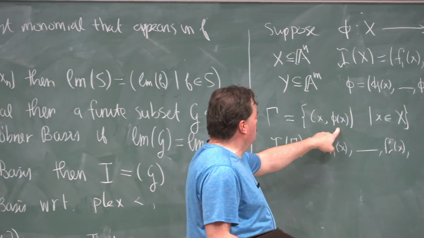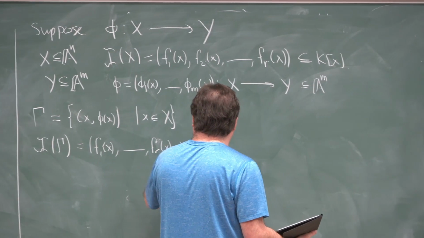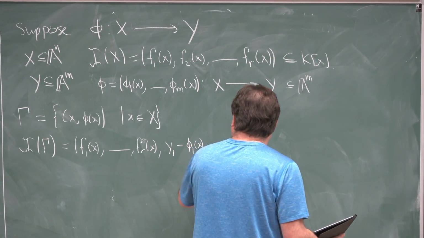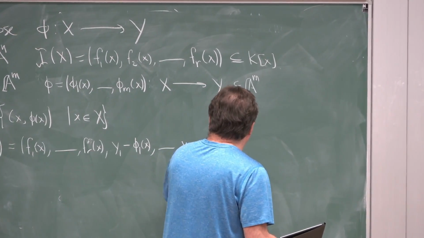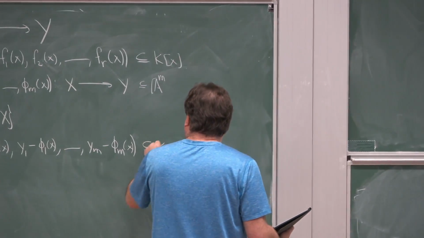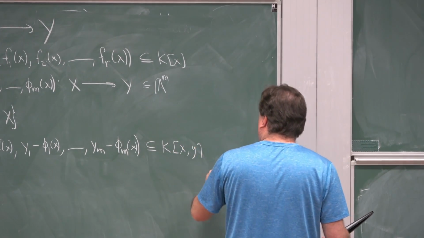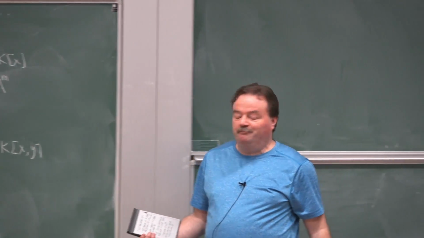And then y has to be equal to phi of x. So this gives us the equations y_1 minus phi_1(x) up to y_m minus phi_m(x). So that's in the polynomial ring in m plus n variables, x_1 up to x_n, y_1 up to y_m.